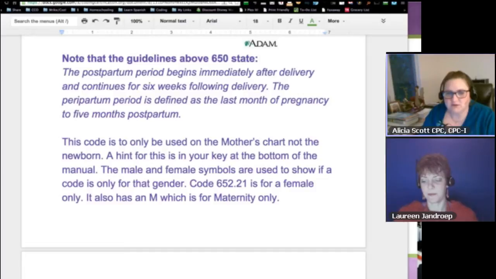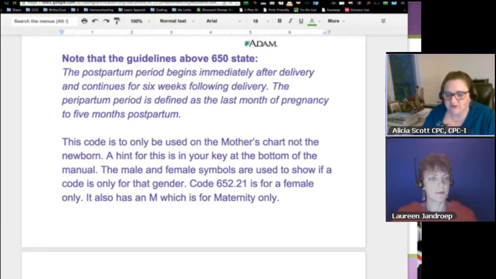The postpartum period begins immediately after delivery and continues for 6 weeks following delivery. The peripartum period is defined as the last month of pregnancy to 5 months postpartum. Now, you need to be aware of that. Do you have to have it memorized? No, but you need to know how to find that in your manual, because you will be given a case, at least one, that gives you dates.